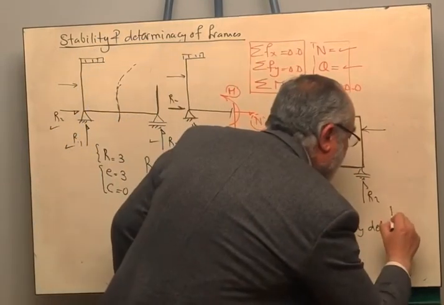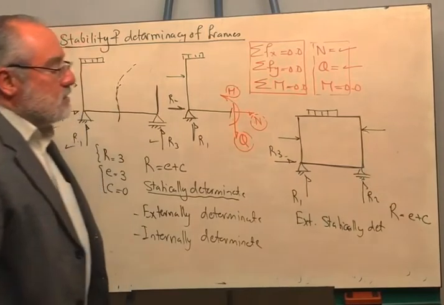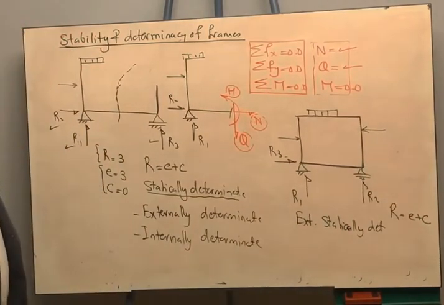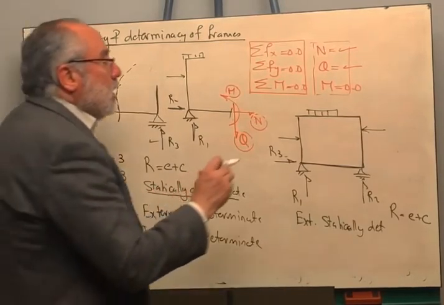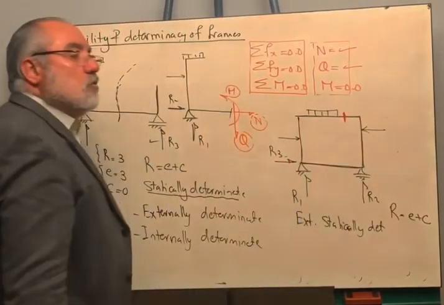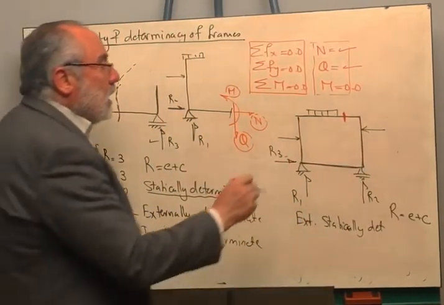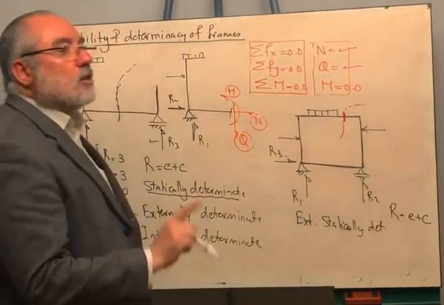Because we are having the number of reactions is equal to the equilibrium equations plus the condition equations. Okay, let us try to draw the bending moment or the shear. What are you going to do? If I want to get the shear and the normal force and the bending moment at this section, I cannot take a section like this. This is not a correct section.